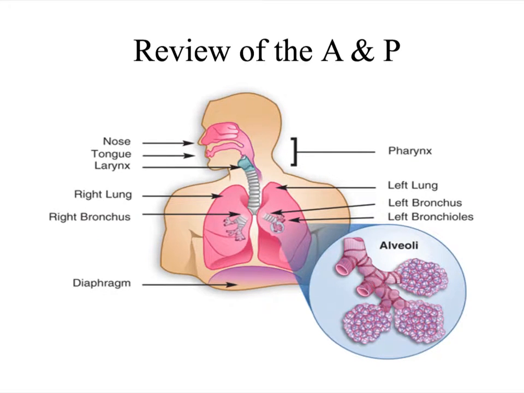This slide is basically a review of the anatomy and physiology of the respiratory system. This presentation is going to discuss the infectious processes of the upper respiratory organs. So basically we're going to talk about everything from here above.